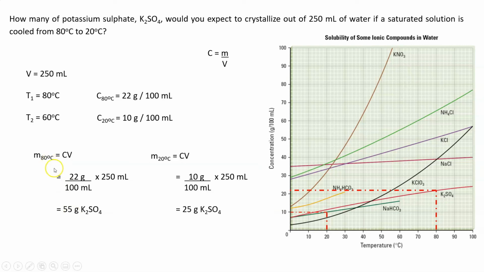Then I can do it at 20, and it would have only 25 grams. So now the difference between these two masses is the difference in the maximum amount that it could hold. And so therefore, that's what I would expect to crystallize out. So the difference in mass would tell me the amount that I would expect to crystallize out.